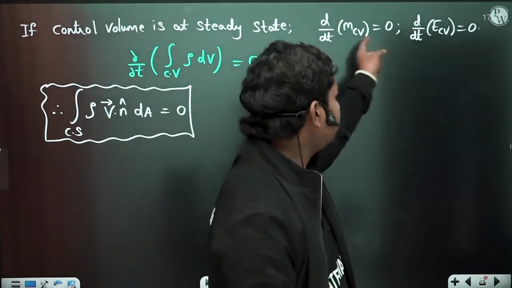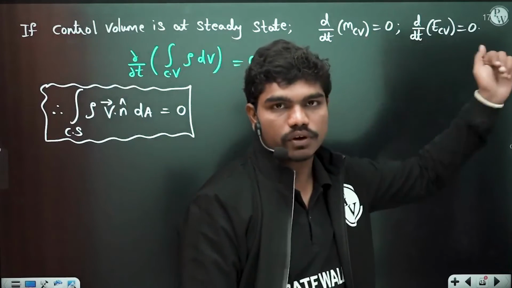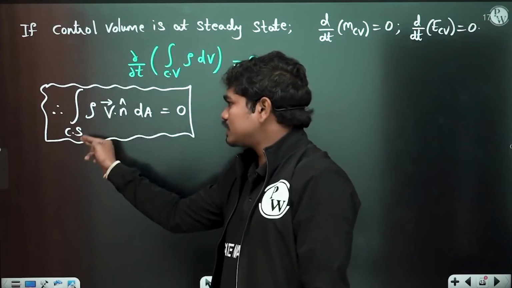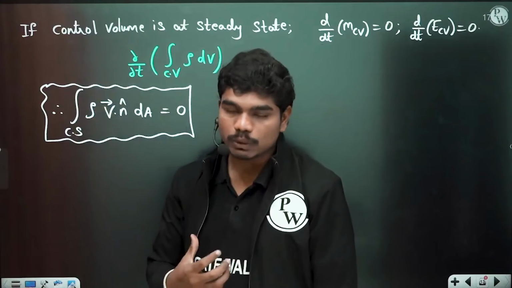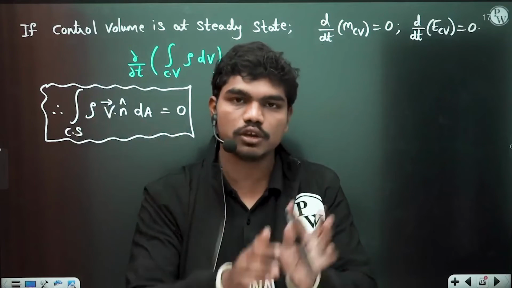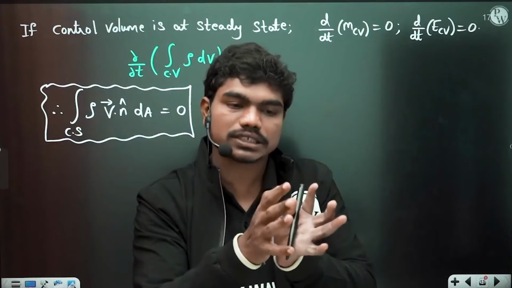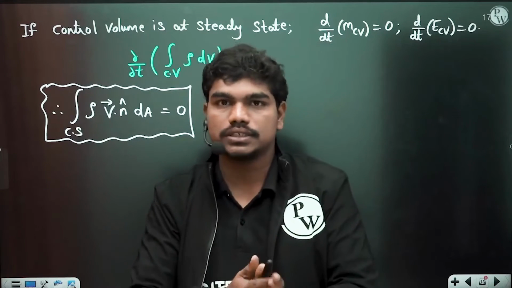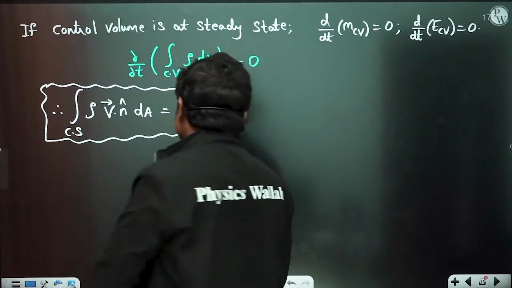We initially know this from our understanding of steady flow, but here the net mass flow over the control surface should be 0. That means whatever mass is leaving from some portions of the control volume, the same mass should enter the control volume from some other locations. This is actually the steady state.